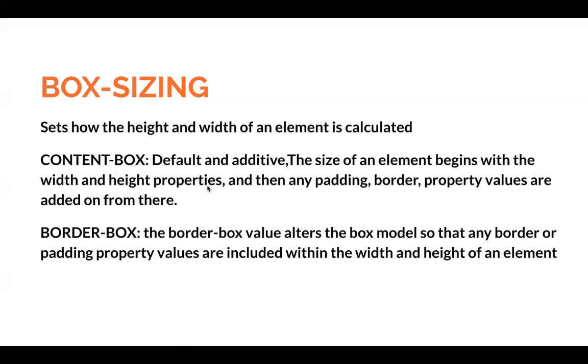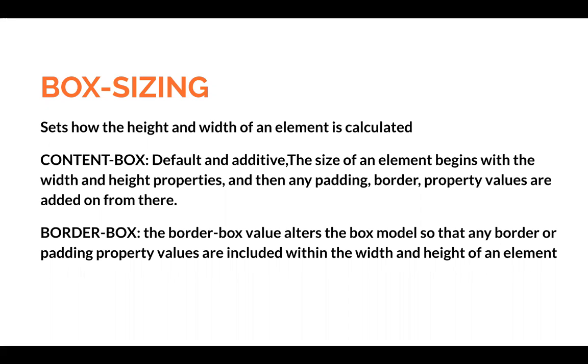That's when we have what we call box sizing. Box sizing sets how the height and the width of an element are calculated. So, history: during the olden days of CSS, the width and height were calculated how we just said it. The width and the content plus the border plus the padding gives you the width of an element.